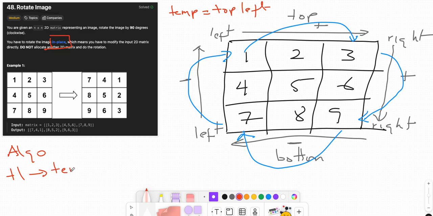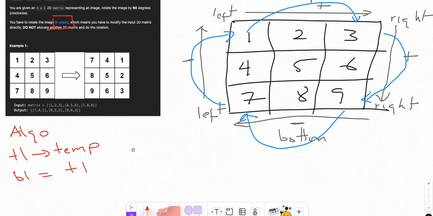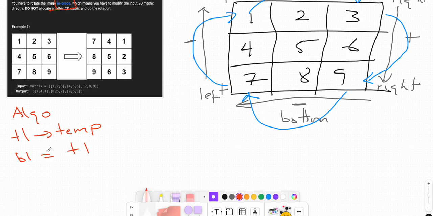Basically, I'm going to move top left to temp. Now for the bottom left to top left. Now for the bottom right to bottom left.